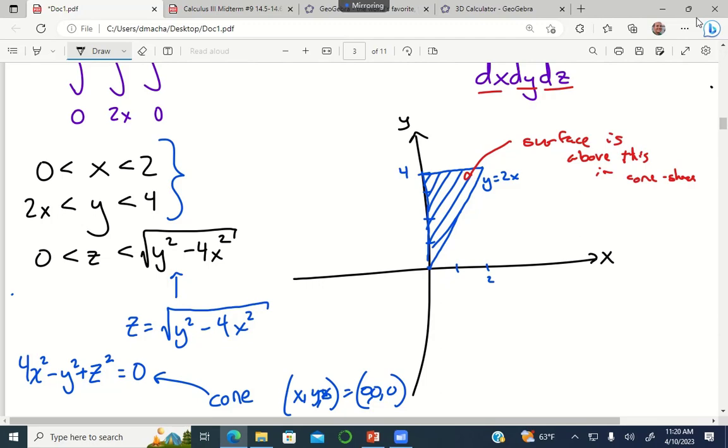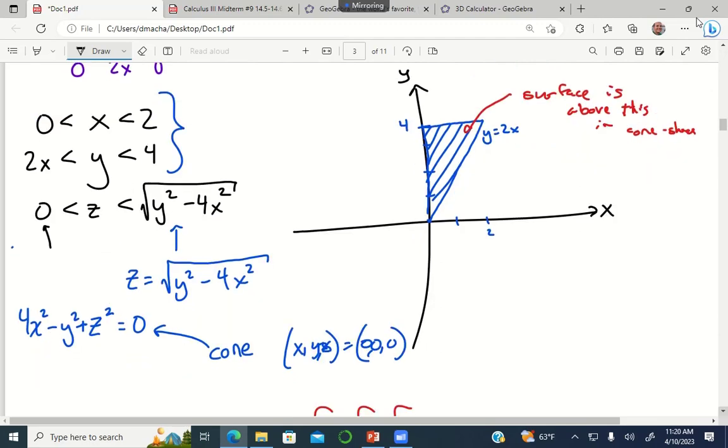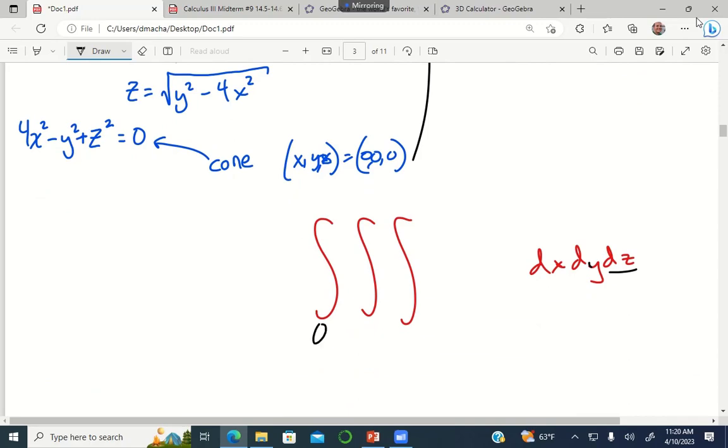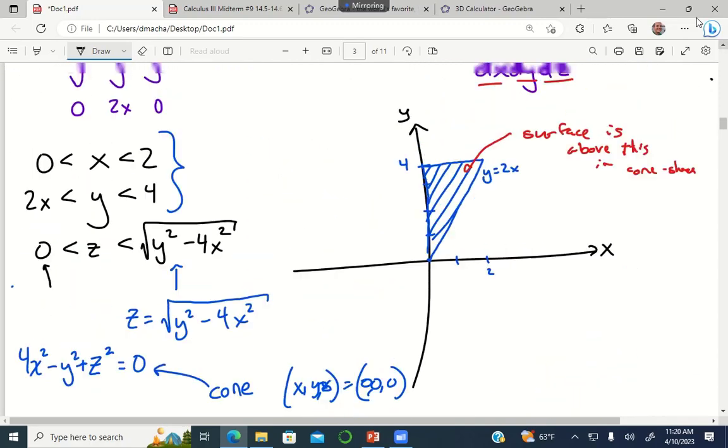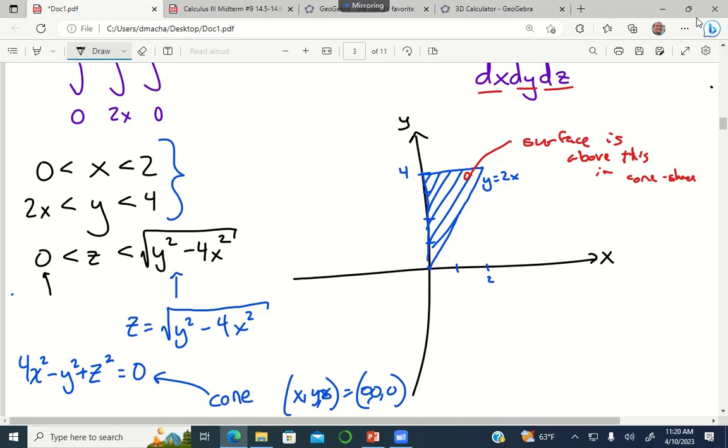And the lowest is really easy because that's given to us, right? The lowest constant value z can take is 0. The highest constant value that z can take is going to be plugging in what values of x and y would make the square root of y squared minus 4x squared the largest possible value.